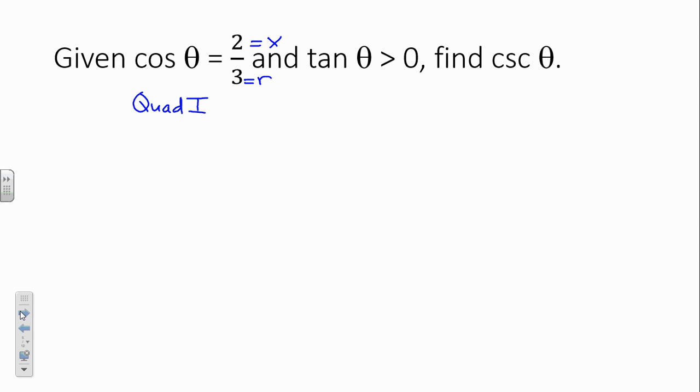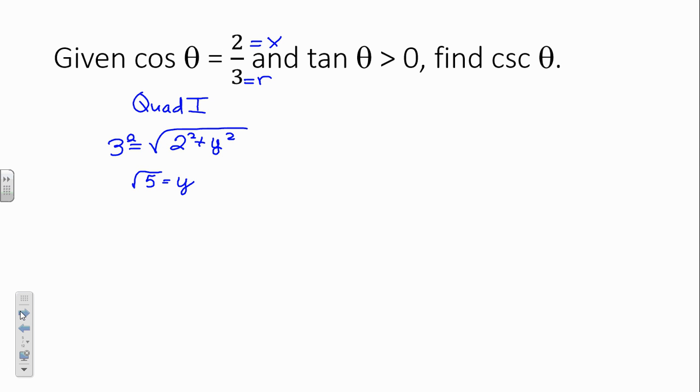So r squared equals x squared, the square root of x squared plus y squared. Okay. So 9 minus 4 is 5. So we're going to have the square root of 5 as our y.